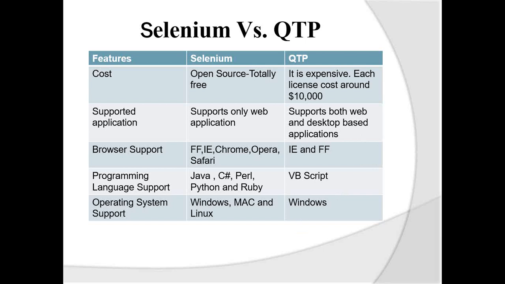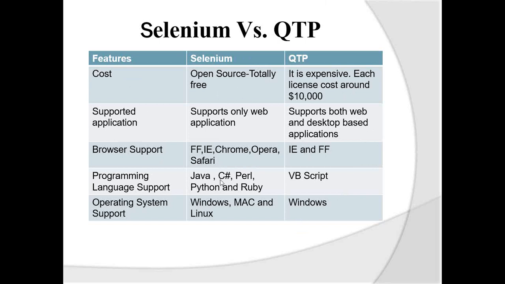Let us see the differences one by one. Cost: Selenium is open source, nothing to be paid, whereas QTP is licensed at around $10,000 per year. Supported applications: Selenium supports only web applications, whereas QTP supports both web and desktop applications. Browser support: Selenium supports Firefox, IE, all the major frequently used browsers, whereas QTP supports only IE and Firefox.